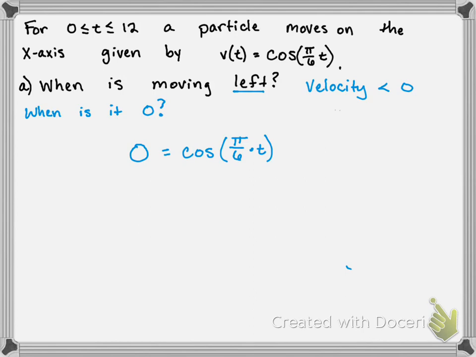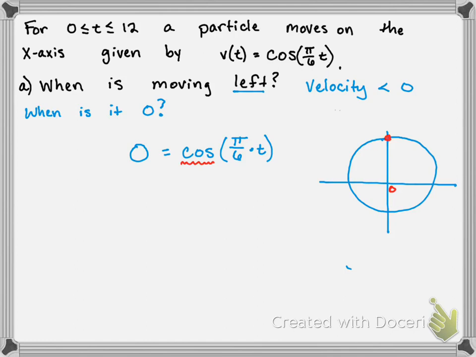So you have to know some things about your unit circle. The cosine values on the unit circle refer to which set of values, the x or the y? The x. So when are my x values 0?